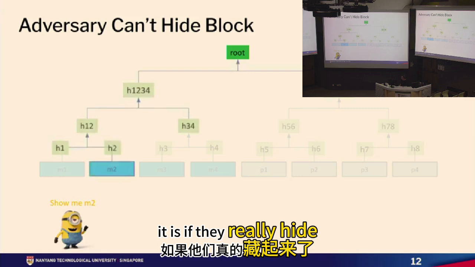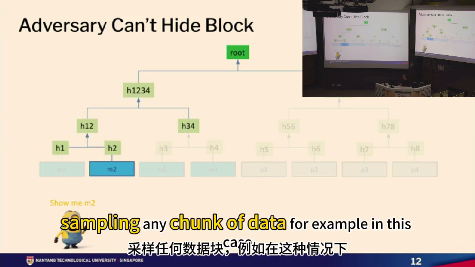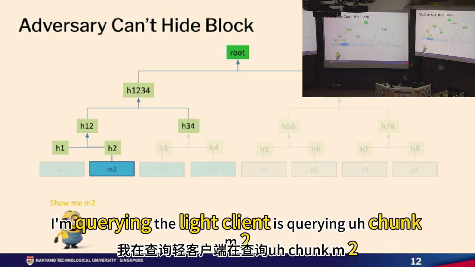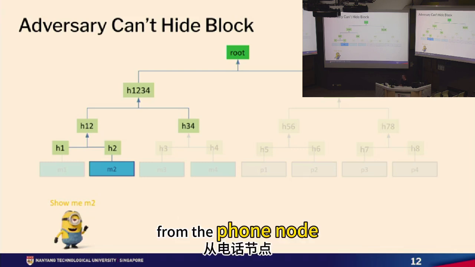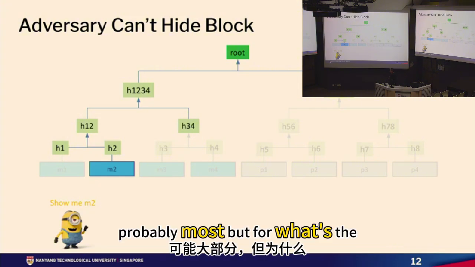If they really hide, I can sample any chunk of data. For example, in this case, the light client is querying chunk M2 from the full node.